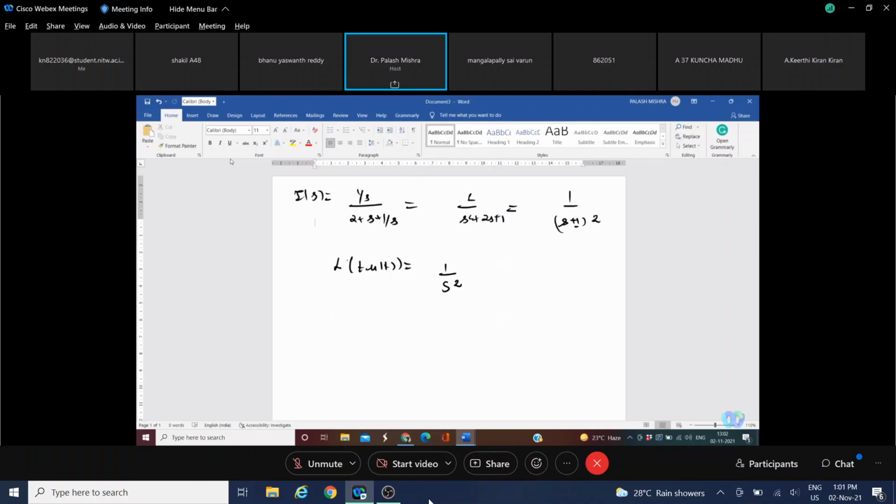Now, if s plus 1 is there, then the Laplace inverse of 1 upon (s plus 1) whole squared should be e to the power of minus t, because the constant added is 1, times t times ut. Any doubt? You can ask me. So it is e to the power of minus t times t times ut.